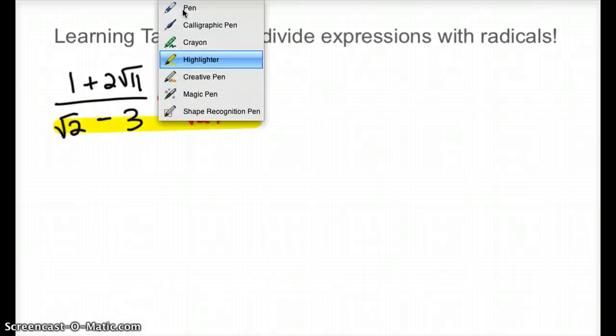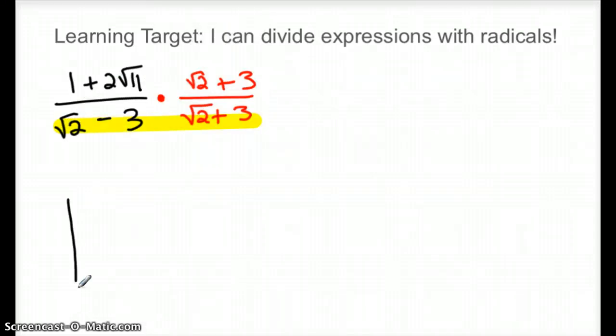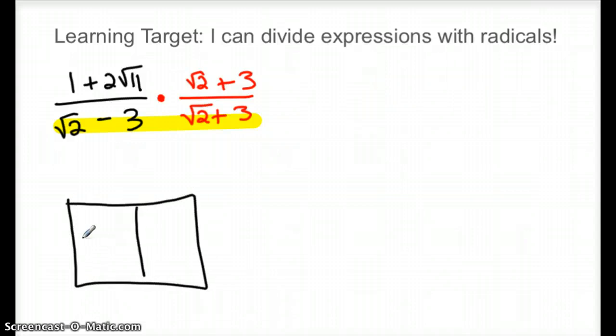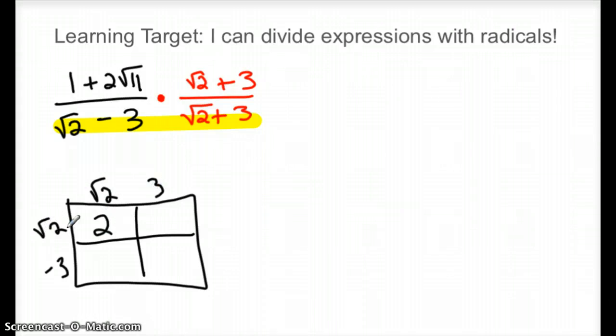I'm going to do a 2 by 2 grid: radical 2, -3, radical 2, positive 3. And then we're going to use our rule to fill in the box. Radical 2 times itself would just be a 2. Here, 3 stays outside, 2 stays in. -3 stays outside, 2 stays in.